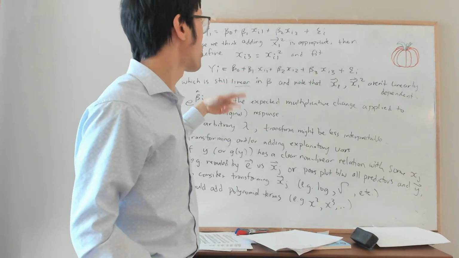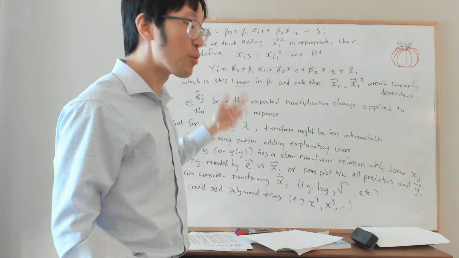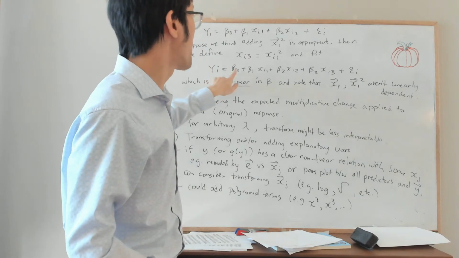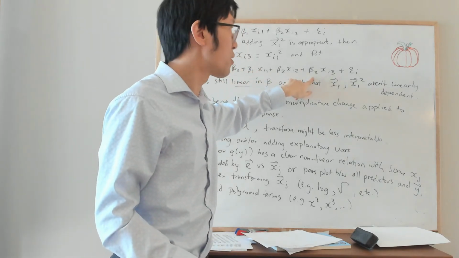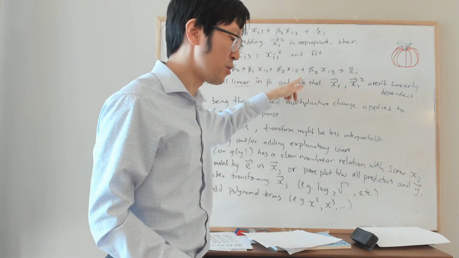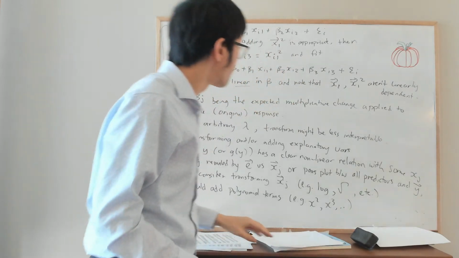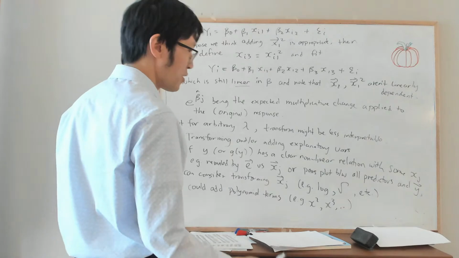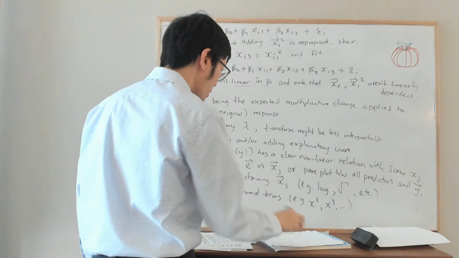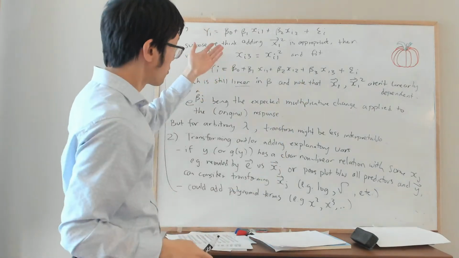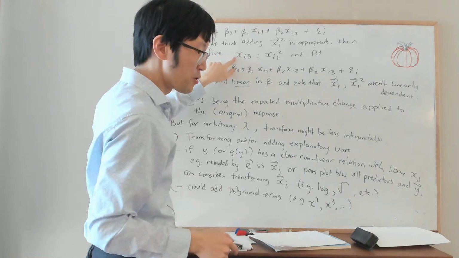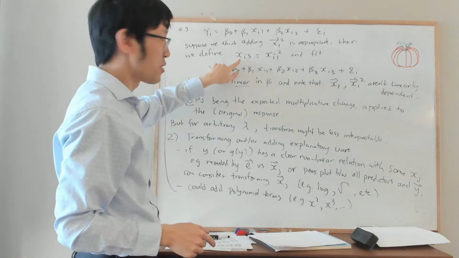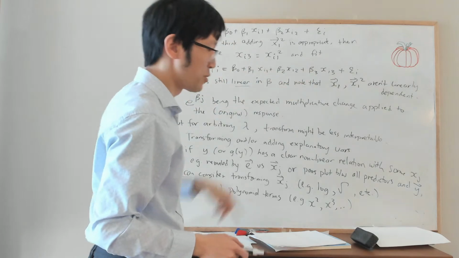But the resulting model is still considered under the framework of linear models because the betas we fit are linear in the parameters. So I've written it this way to show that this is still valid as a linear model. We're allowed to define new predictors in terms of existing ones and then add them into the model.